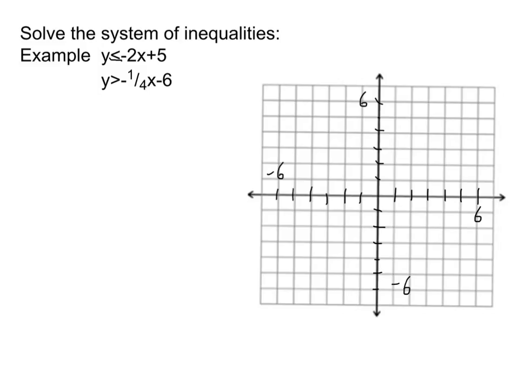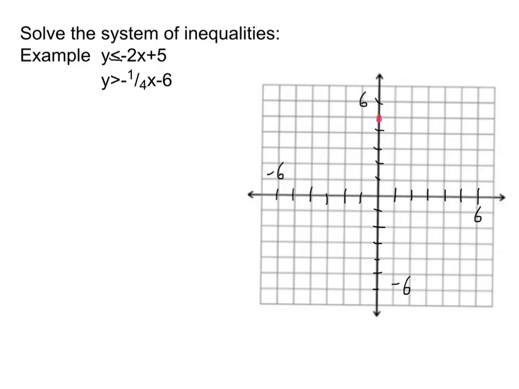So this first example is nice. They're both in y equals mx plus b form, which is a really nice way to be able to put them on a graph. So let's take a look. If I take the first graph, I get a y-intercept of 5, so I'm going to start up here at 5.